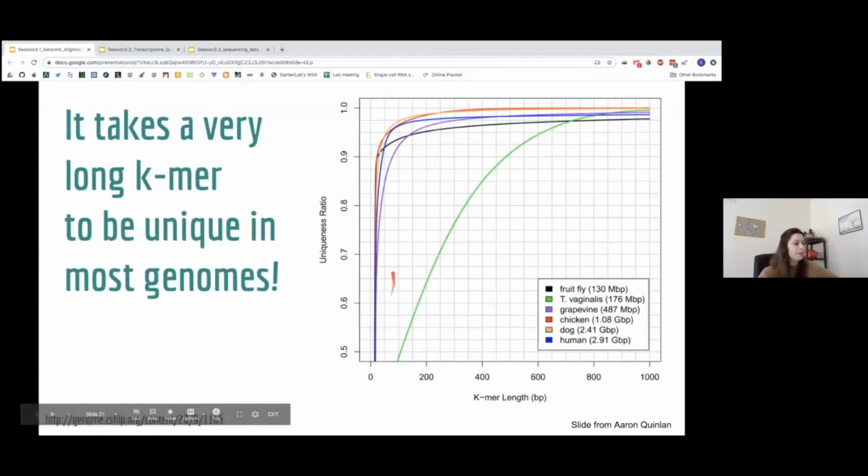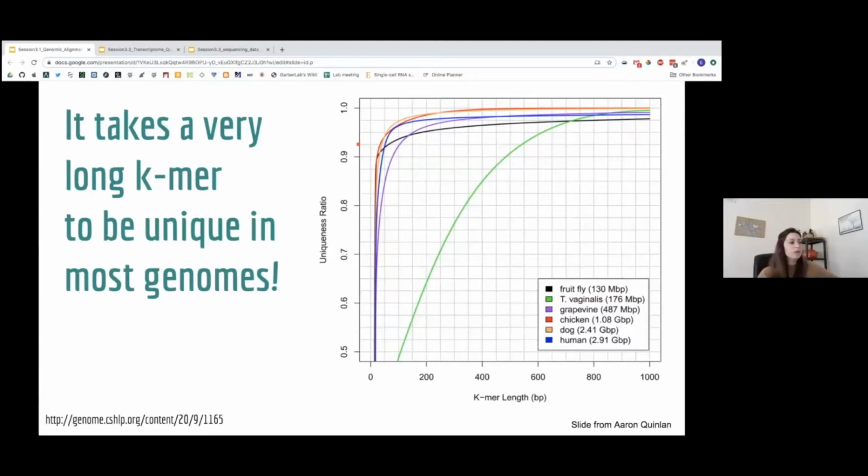And if we follow it up, you can see that with 50 bases even, you're not 100% guaranteed to find a unique position for your read in the human genome. The human genome is shown in blue. And with 50 bases, you would get about 92.5% of your words to have a unique position, but not all of them.